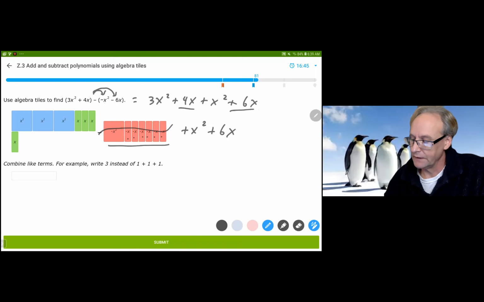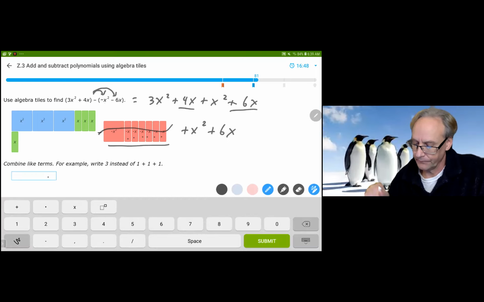And we get 10x's and 4x squareds. And that is it. It's taking a lot longer because I messed up on that one.